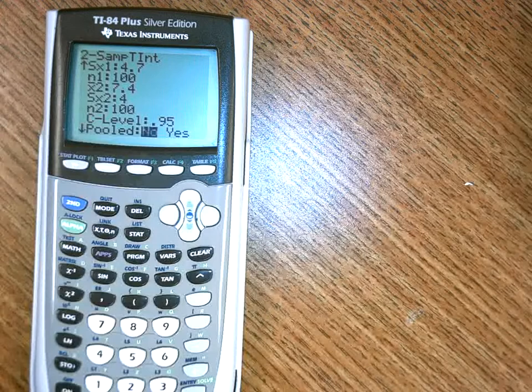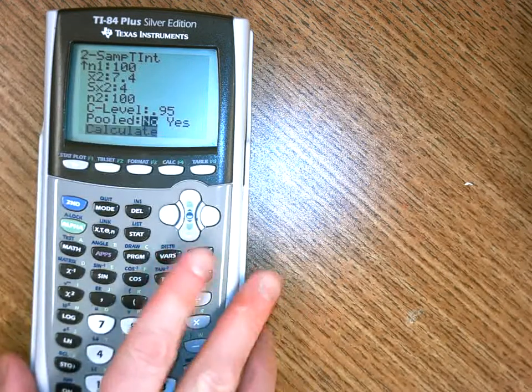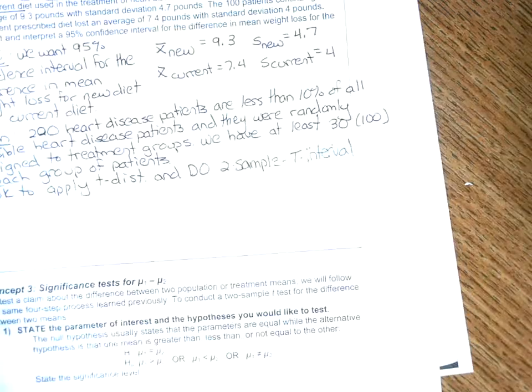So here's the key thing you need to remember with the 2 sample t-test. Stay out of the pool. Don't go in the pool. So say no to pools, always. So I'm going to write that down here.